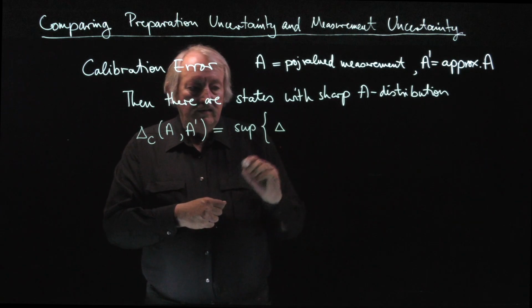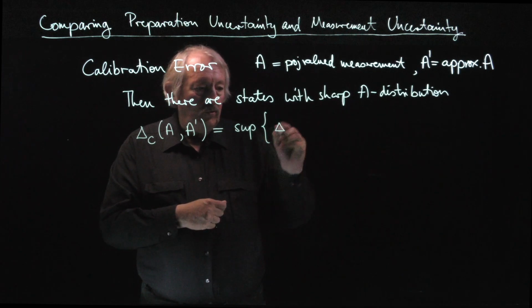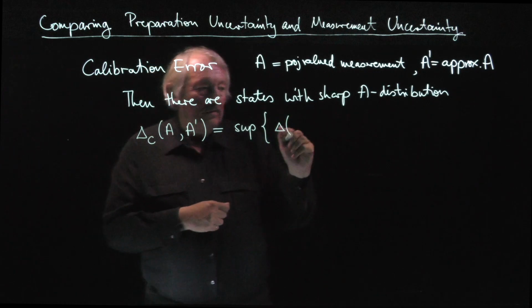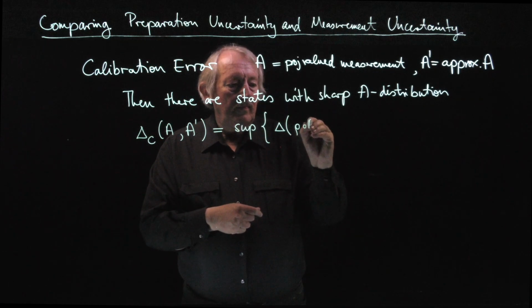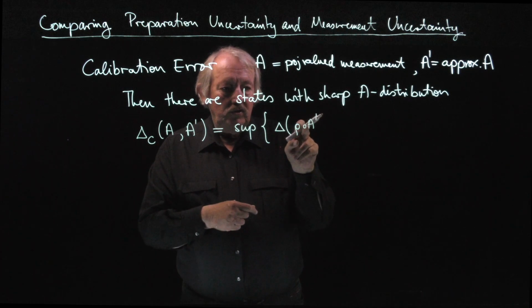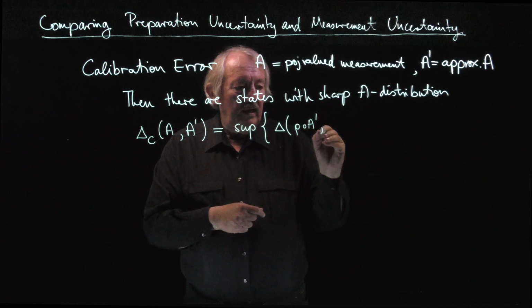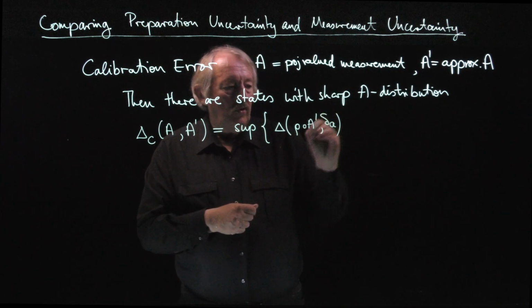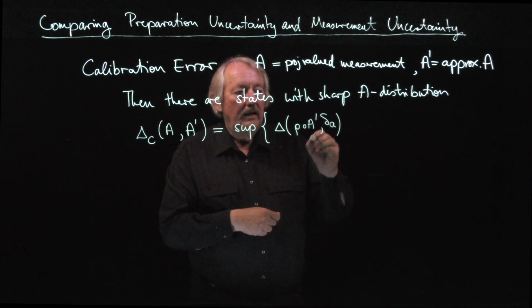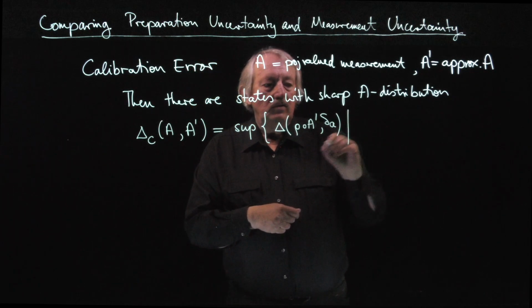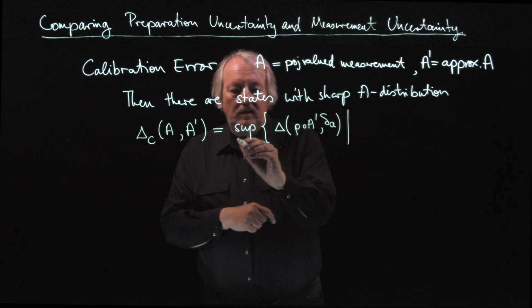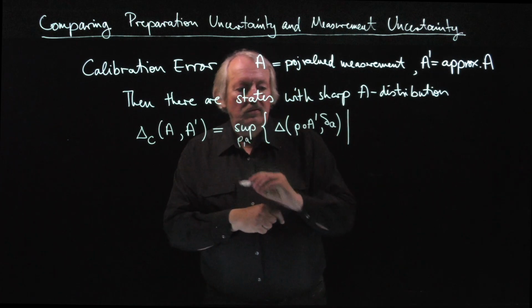Now that was again the delta for the transport distance, but I'm taking the transport distance with respect to a pure state. It's the output distribution of the approximate measurement, and you look at its distance from a certain value in the outcome set. The corresponding point measure, right? And you do this for all states. So it's a supremum over states and these values.